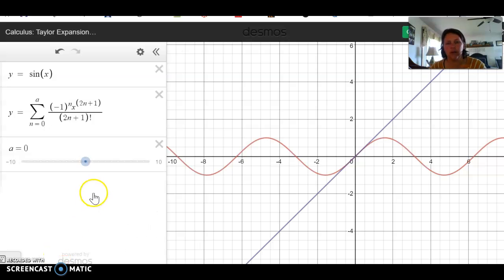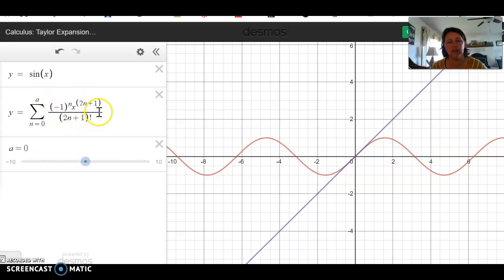Okay, so here we are with a Taylor polynomial expansion, and what this shows us in red is the function sine of x. Taylor polynomials also work with geometric series and series functions, so to graph this Taylor polynomial, we have to write it in series notation. We're not really going to be working with it that way, but that's what's going on right here.